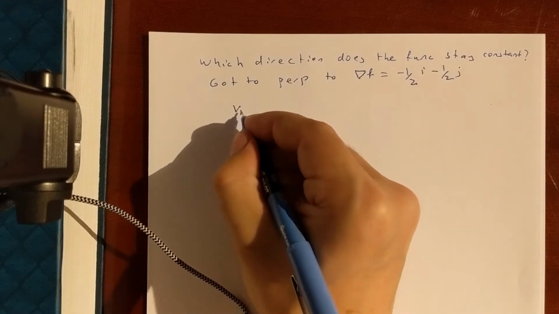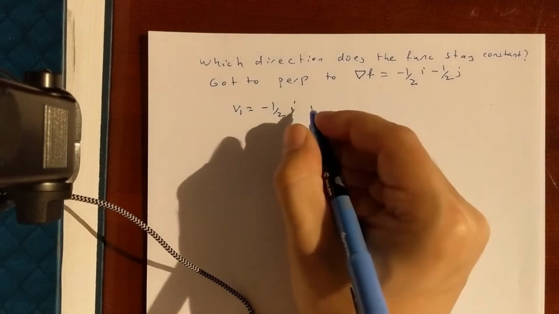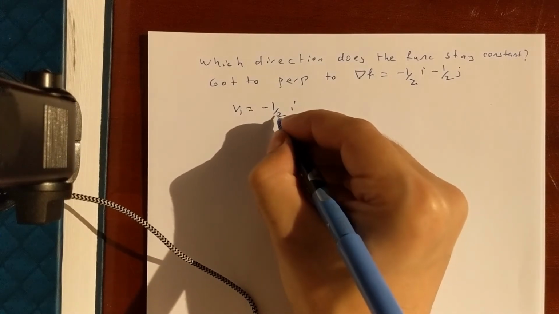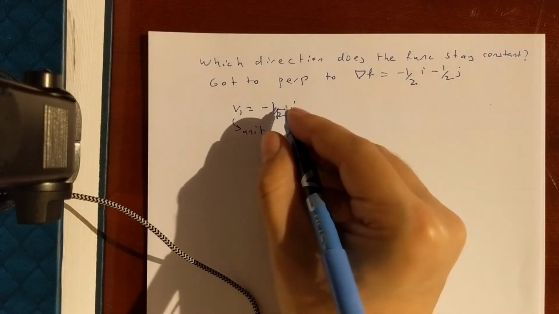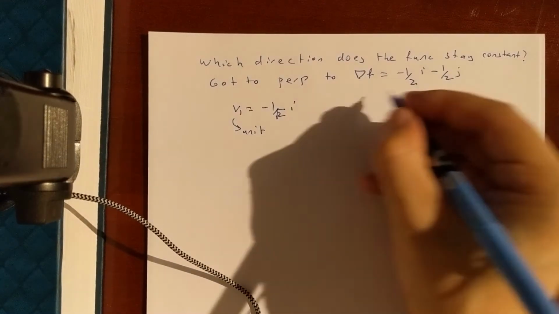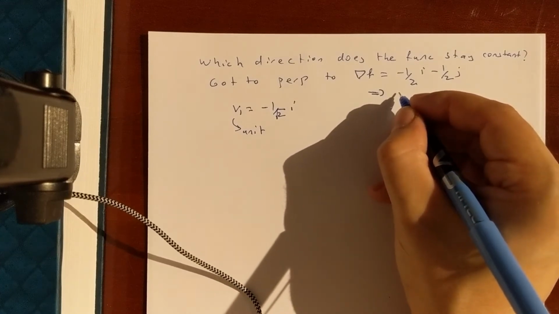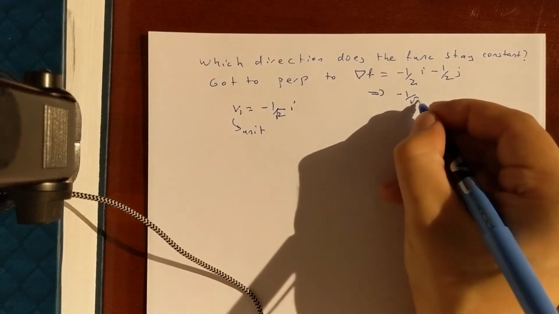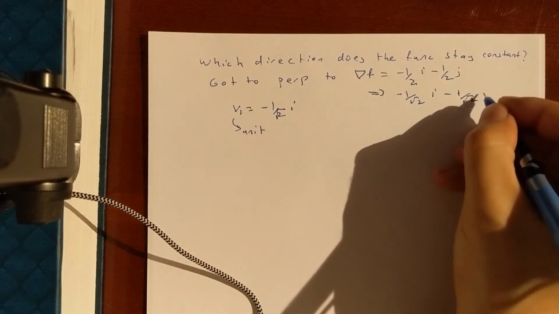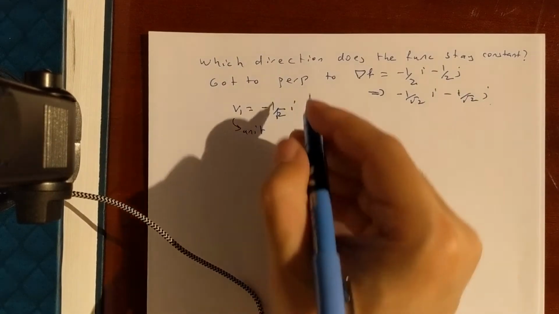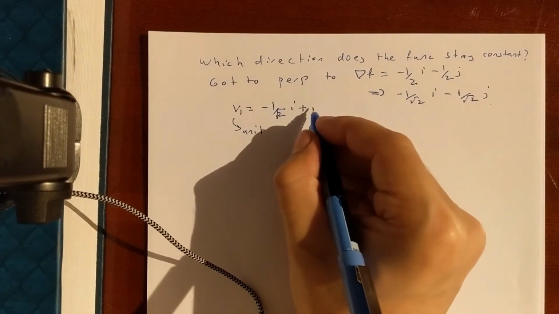Let's say v1, you can do two of them, minus 1 over 2 i, but we want it to be a unit vector again. So let's change this into a unit vector. Let's say the unit vector here is just going to be this, right? So v1 is, I'm going to keep the first coordinate and I'm just going to change the sign of the second coordinate.